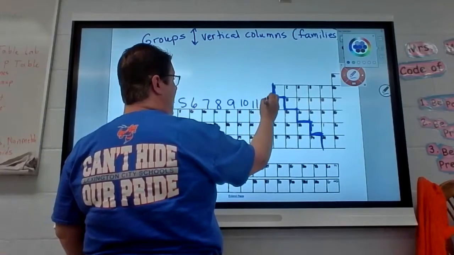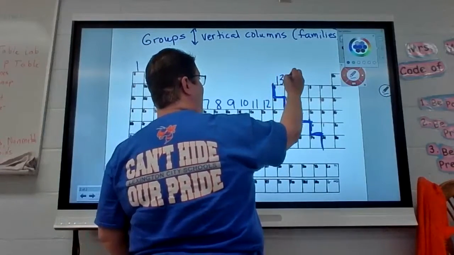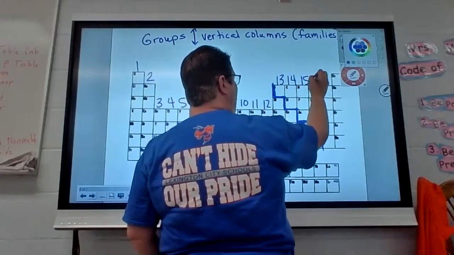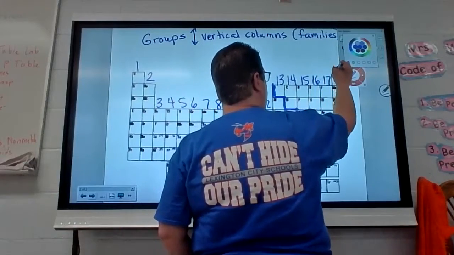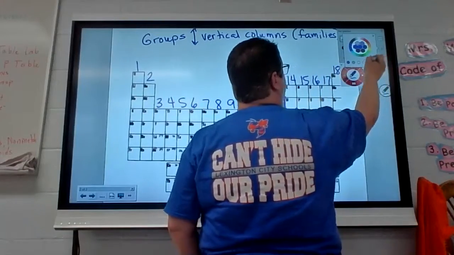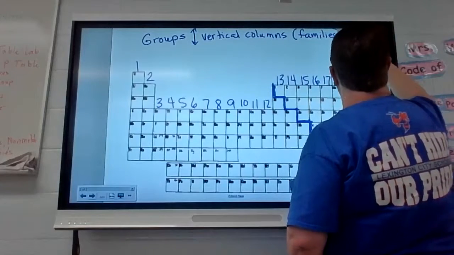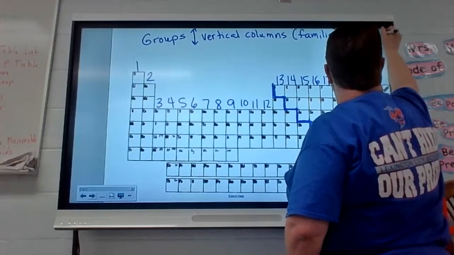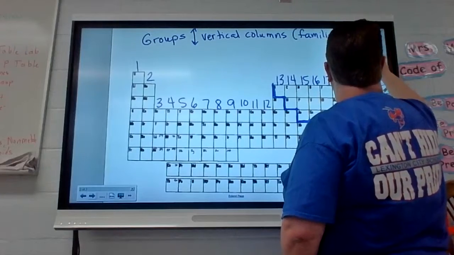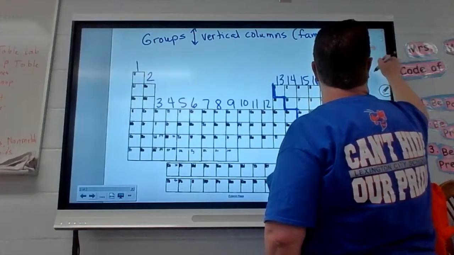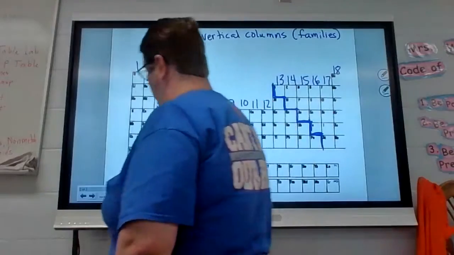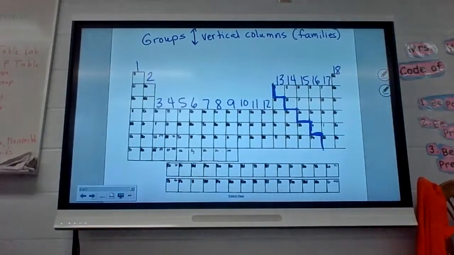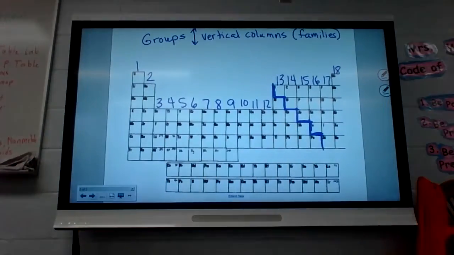Now, the lanthanide and the actinide at the bottom do not have group numbers. They would not be in any groups. The lanthanide and actinide at the bottom do not have a group number. They have a period number, but not a group number.